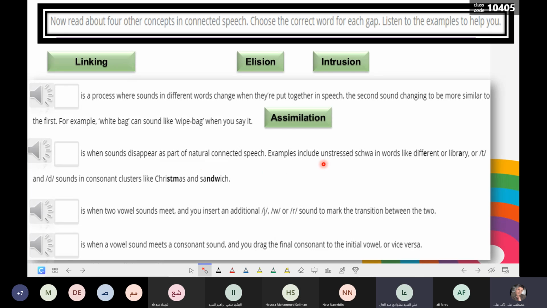For example, unstressed schwa in words like different or library, or T and D sounds in consonant clusters like Christmas, sandwich.